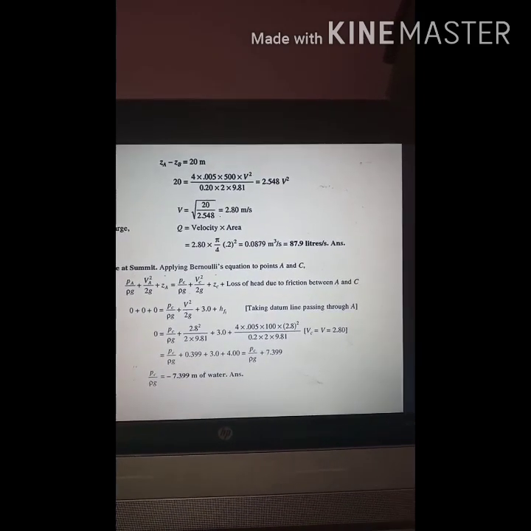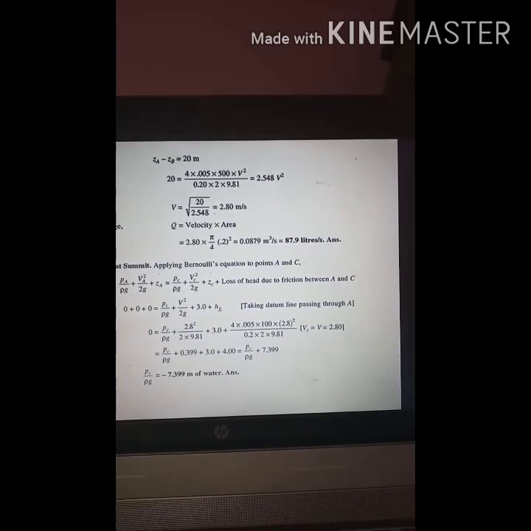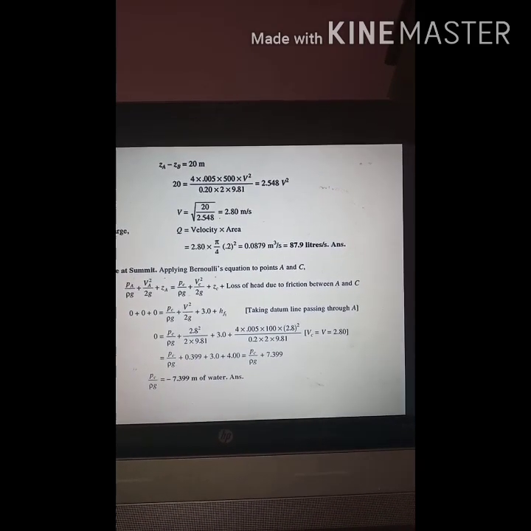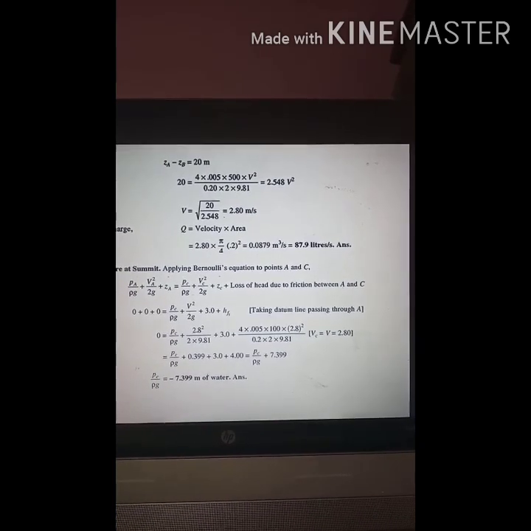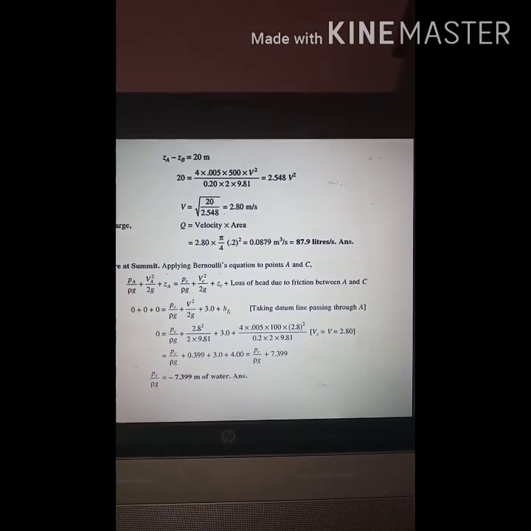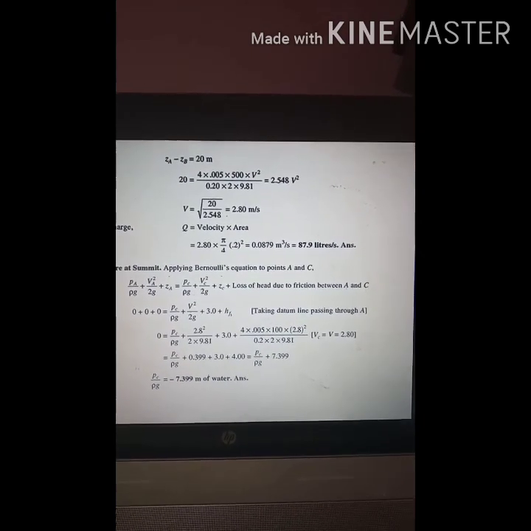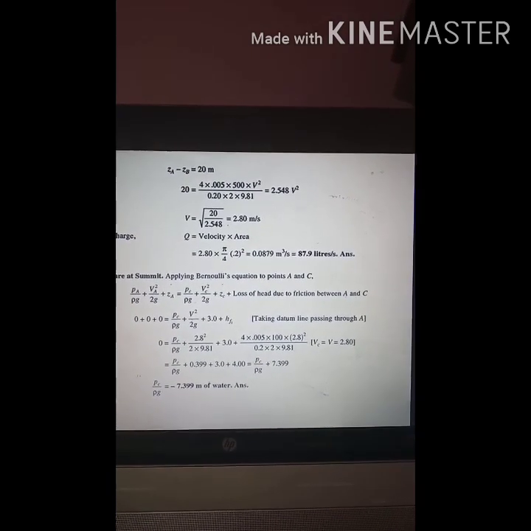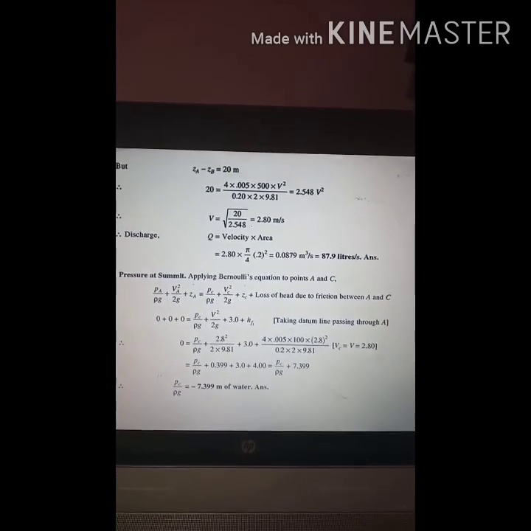So once you put all the values, you will get the value of PC by rho g, that is the pressure head at point C, and it is negative, as we know that it is a vacuum, below the atmospheric pressure. So it is coming as minus 7.399 meter of water, and it is the negative value, so vacuum.